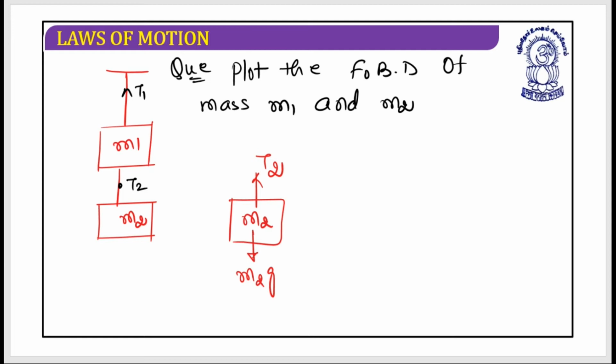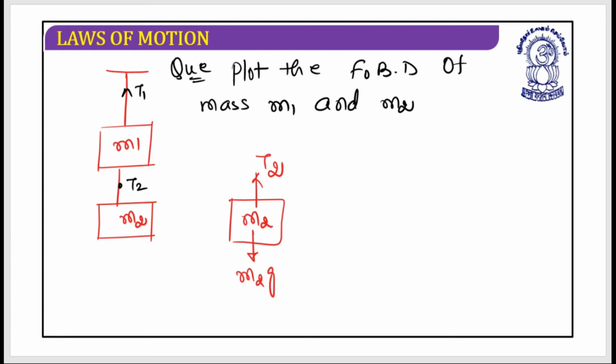No. They are not in contact with anything, and as they are not in contact with anything, that means no normal force needs to be applied. So there are two forces: the weight and the tension force. So T2 would be equal to M2g.